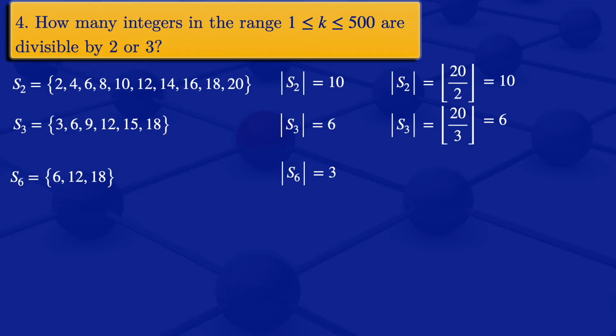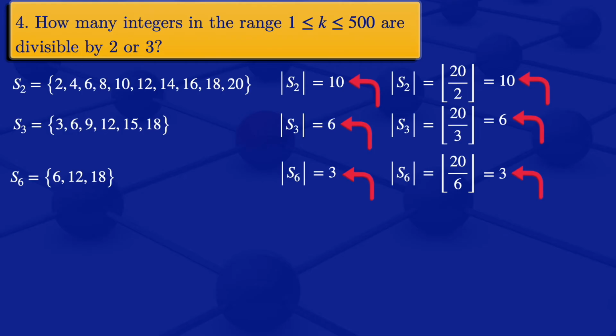So the cardinality of S6 will be the floor value of 20 divided by 6, and that gives us 3. As you can see, the cardinalities we are getting here are equal. So this method of using the floor value is easier, especially when you have a larger number like 500.